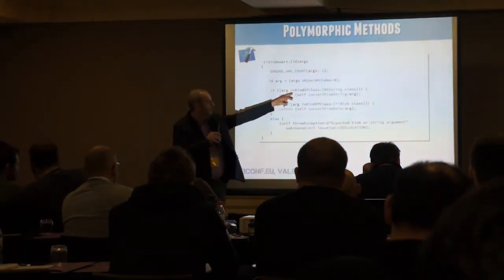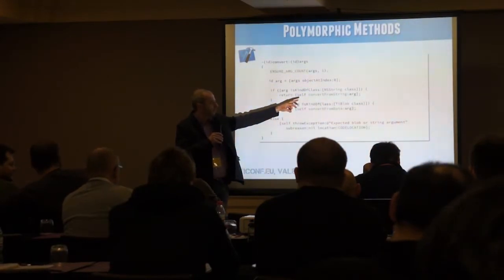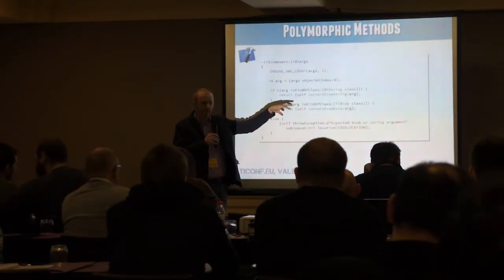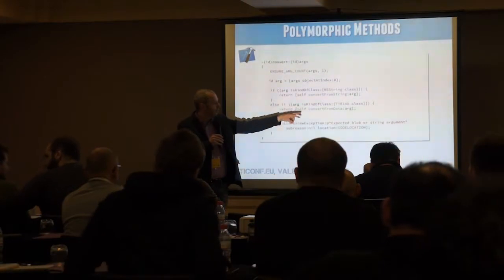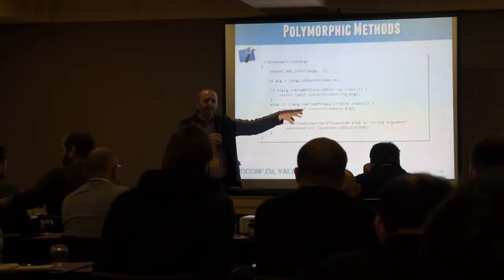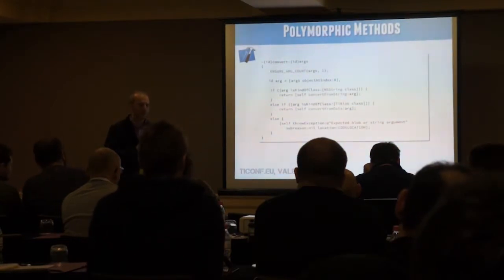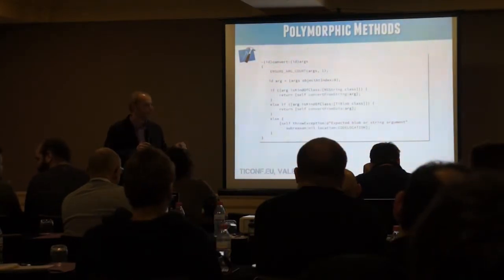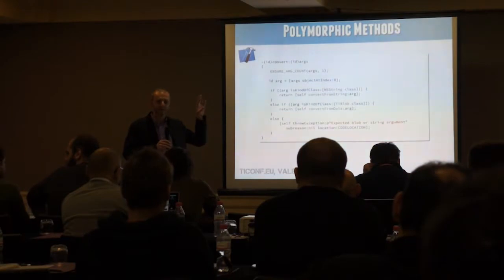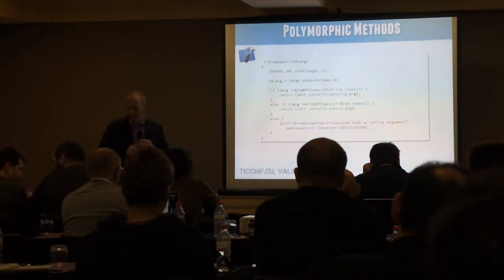So if it's a string, we do something as a string. If it's a blob, use the argument as a blob. So we can differentiate the execution path based on the kind of type of object we're passed in these arguments.